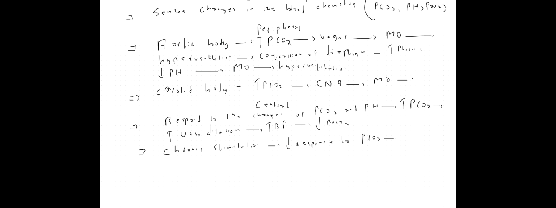And you know in what group of patients there's a chronically elevated carbon dioxide level? That's COPD. It is very important to know that the respiratory drive of the COPD patient does not depend upon the blood carbon dioxide level. It depends upon the blood oxygen level.